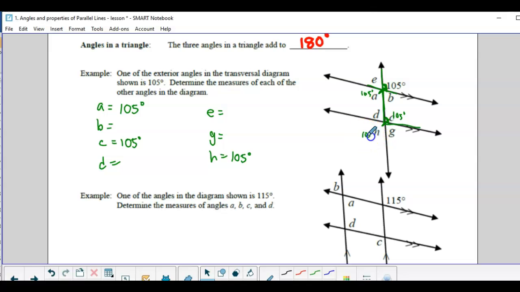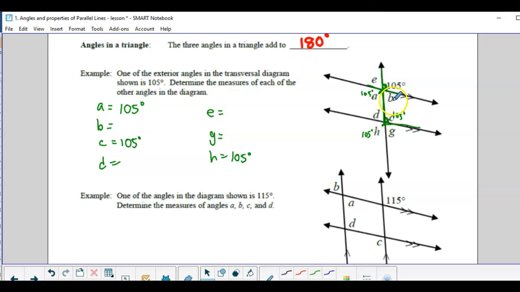There's a lot of 105s. In these diagrams with two parallel lines and a transversal, you'll have many angles that are the same. Basically, 4 angles will be the same and the other 4 will be the same. Once you got A is 105, you could have done alternate interior is 105. So a few different ways.